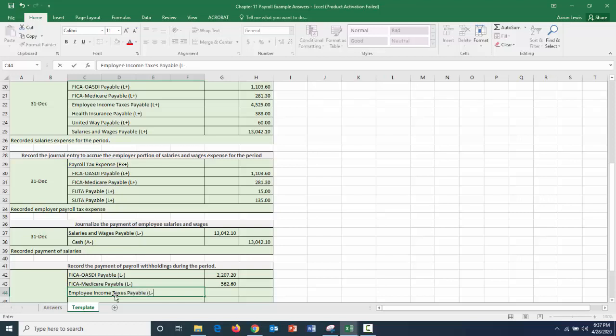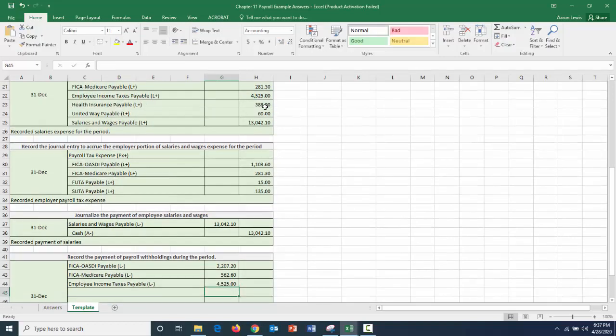That is a liability account going down, and that's going to be for the $4,525 that we had in the liability account. We have health insurance payable. This would probably have a name like Blue Cross Blue Shield payable or something. We'll just call it health insurance payable right now. And that is going to be for $388.